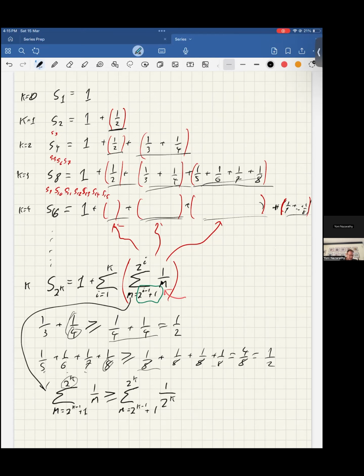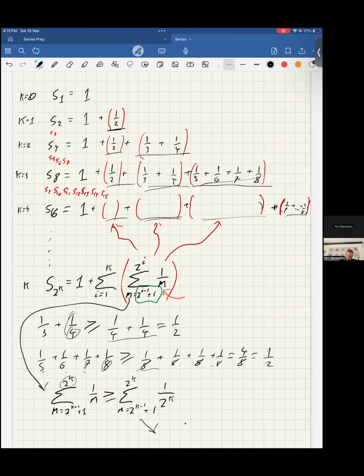Now there's the question of how many terms are in the summation. In general, when you sum m equals a to b of some u_m, you have b minus a plus 1 terms. So the number of terms in our specific case is 2 to the power k minus 2 to the power k minus 1, minus 1, plus 1.